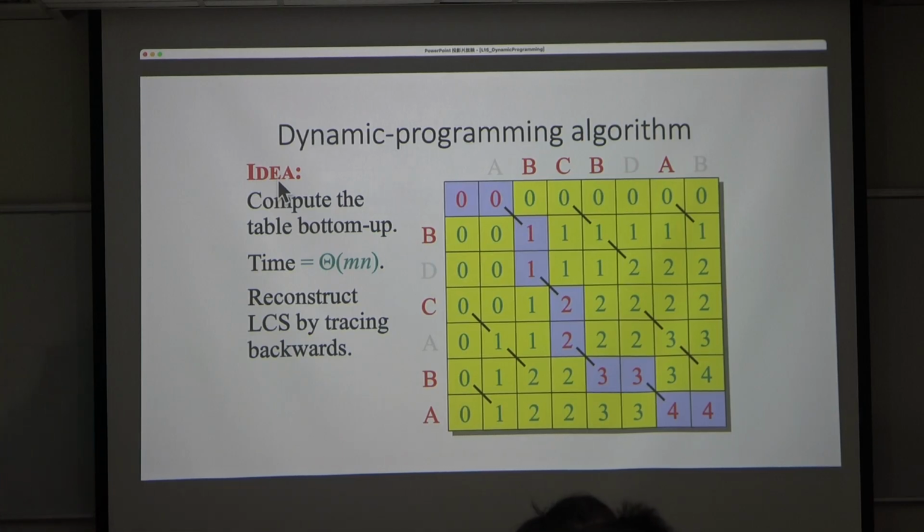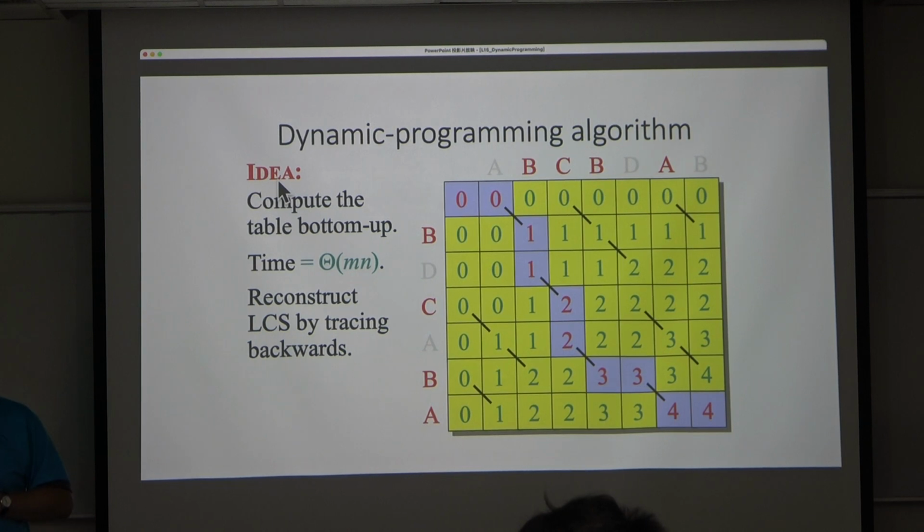So now we know how to compute Cij, right? But remember, our problem is not to compute Cij. What is Cmn? Cmn represents the size of the longest common subsequence, right?